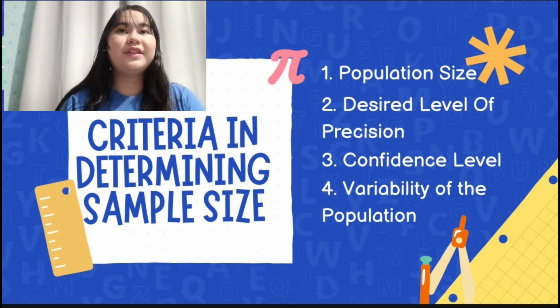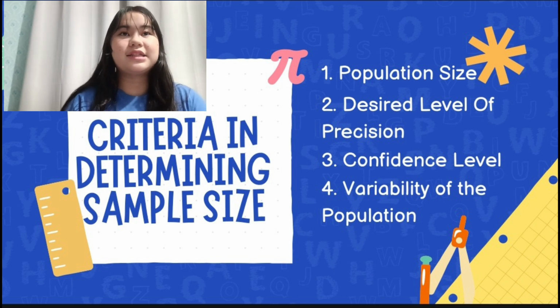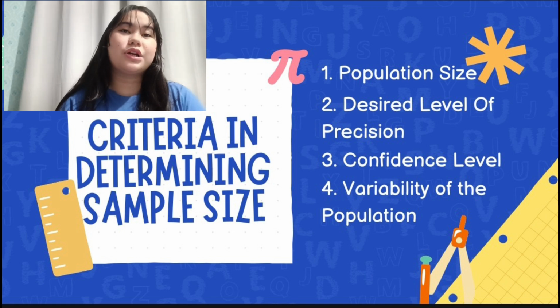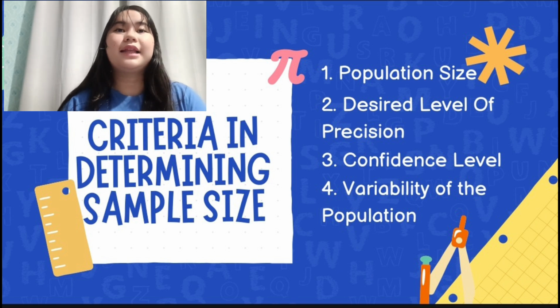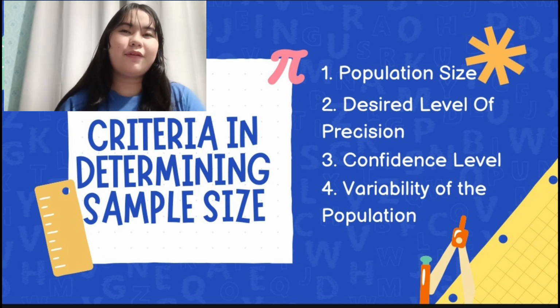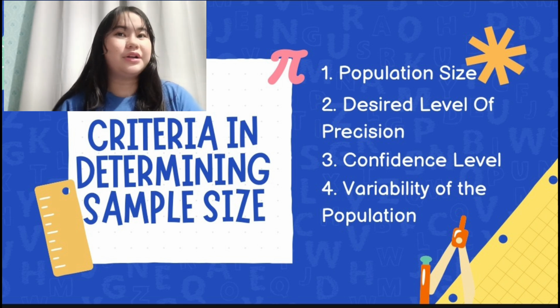Third, confidence level. It indicates how sure you are that your sample results accurately reflect the population. Example, a 95% confidence level means you're 95% confident that your results are accurate.